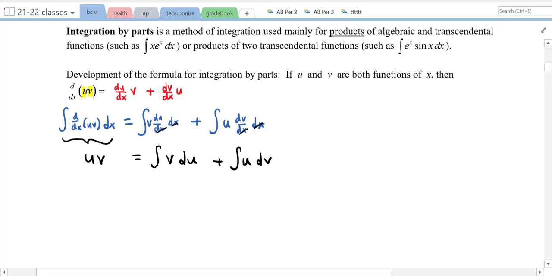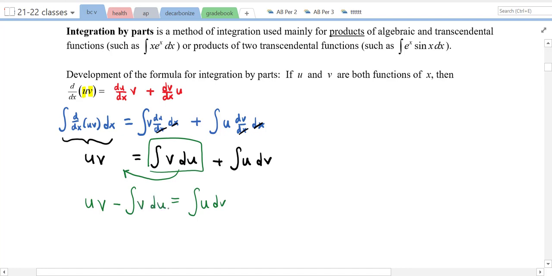And now if I were to try to isolate the u dv part, I would take this integral of v du and move it to the left-hand side. So I get u times v minus the integral of v du.